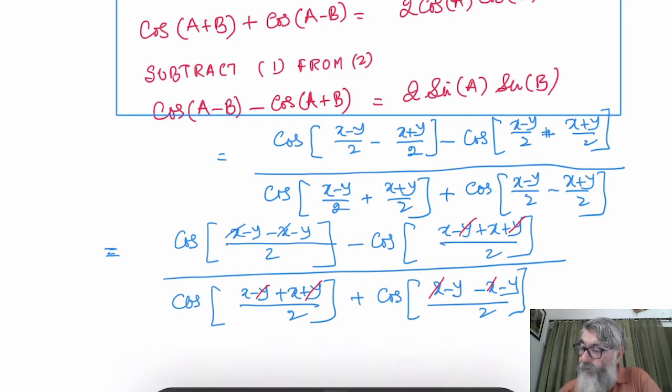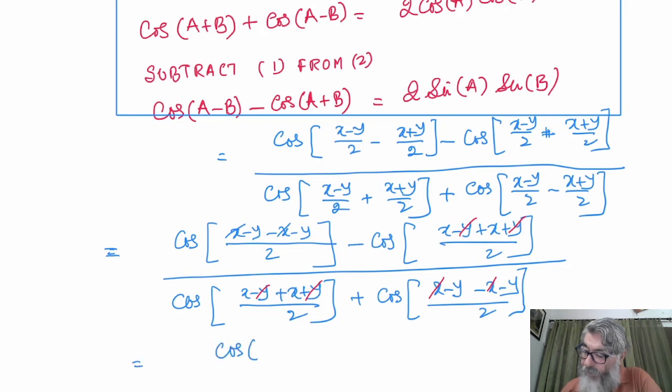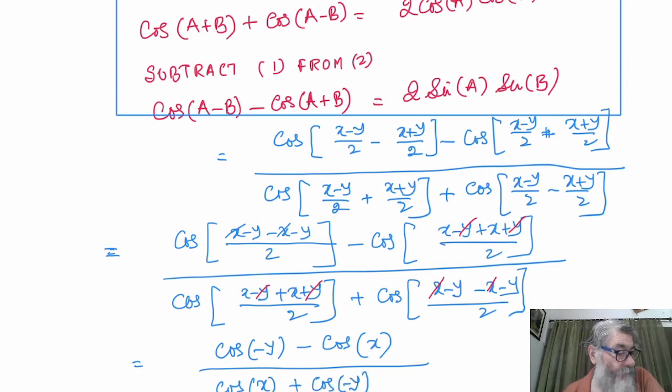So what do we get? Finally, we get cos minus y minus cos x upon cos x plus cos minus y. Is that clear? Now it will become cos y minus cos x upon cos x plus cos y, because cos minus theta is cos theta only.